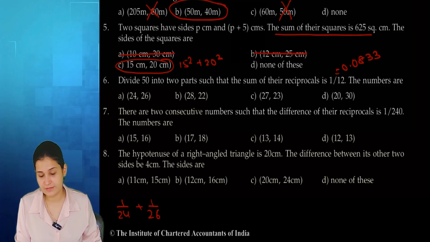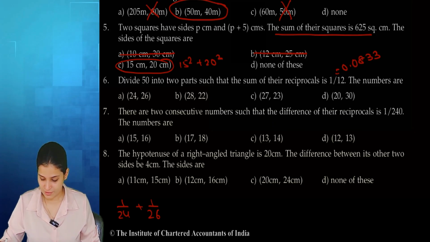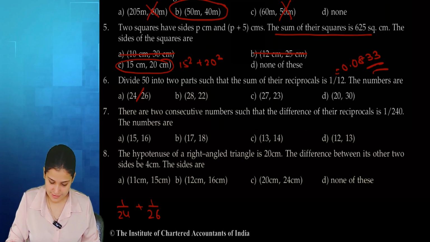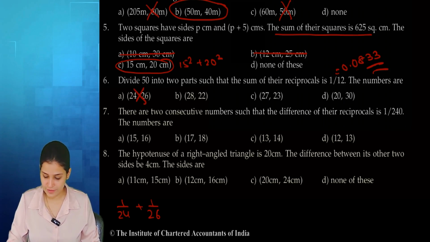How much are you getting? 0.0801, something like 8012, I guess. Is it the same as our answer? No, ma'am. So this is incorrect. Is it okay?